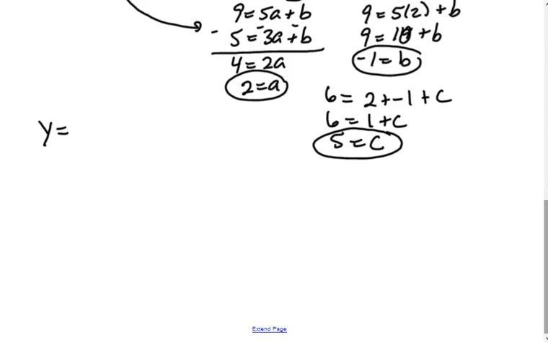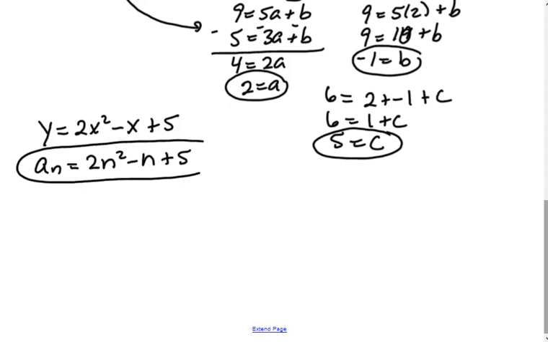So y is equal to 2x squared minus x plus 5, or a sub n equals 2n squared minus n plus 5. So that's a way to use systems of equations to find a quadratic sequence. If you can't see the pattern, obviously this is a quick way to do it.